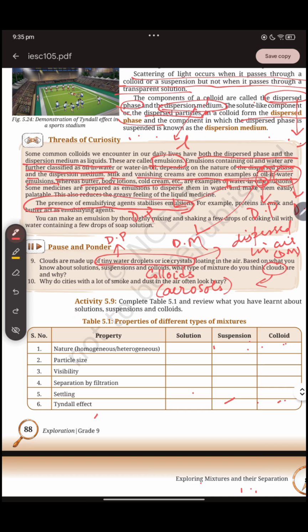So next question. Why do cities with a lot of smoke and dust in the air often look hazy? Have you seen that they look hazy?